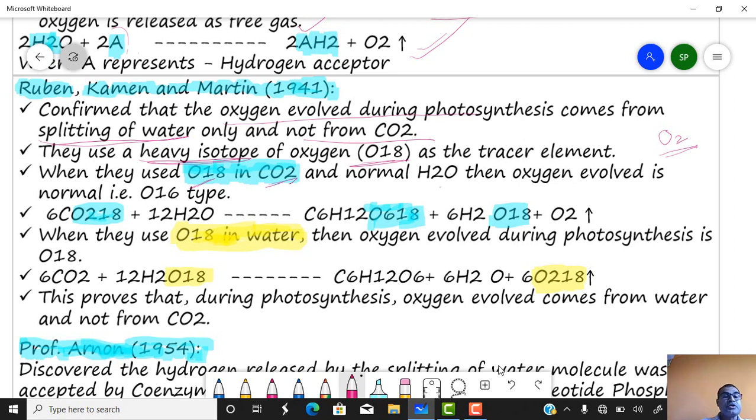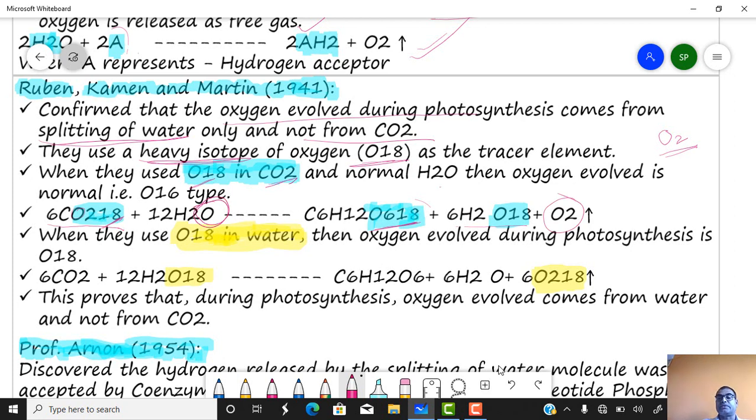Suppose this is carbon dioxide where the oxygen is a tracer element. 6CO2 plus 12H2O gives C6H12O6. Here the oxygen in CO2 is the tracer element, while the water molecule has oxygen that is the normal 16O type.